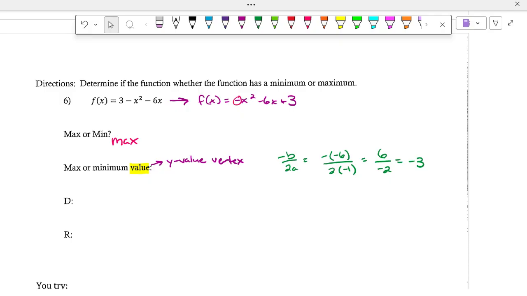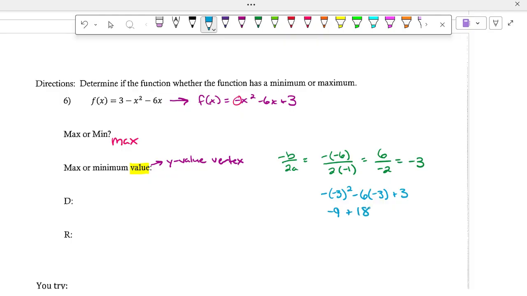Then to find the y value, what do we have to do? Plug it back into our original function. So this would be negative times negative 3 squared minus 6 times negative 3 plus 3. What's negative 3 squared? Positive 9 times a negative, negative 9. What's negative 6 times negative 3?